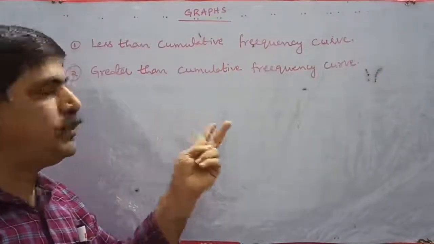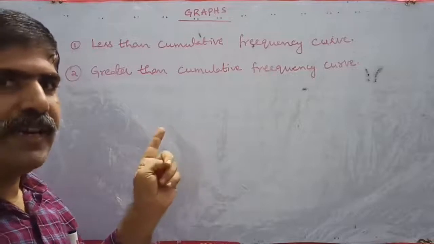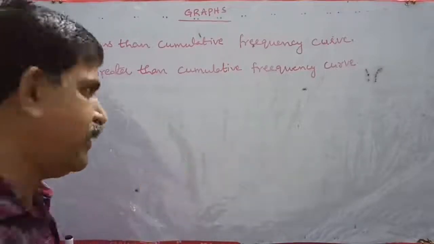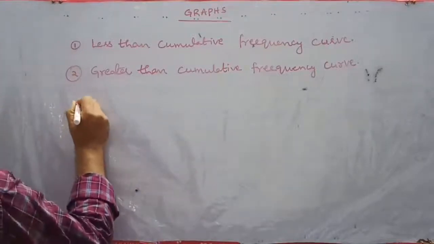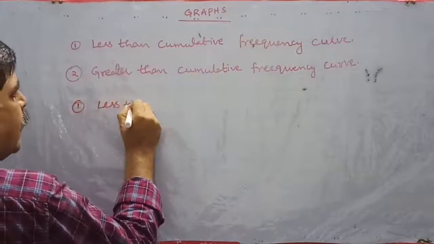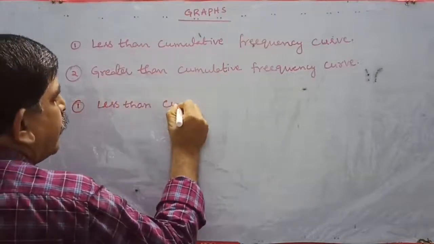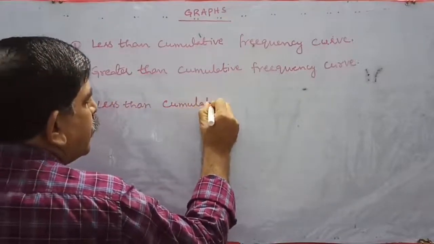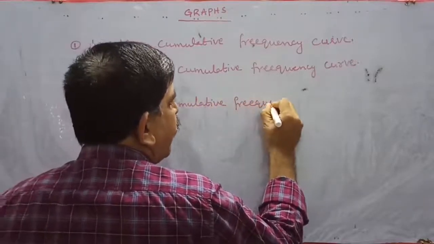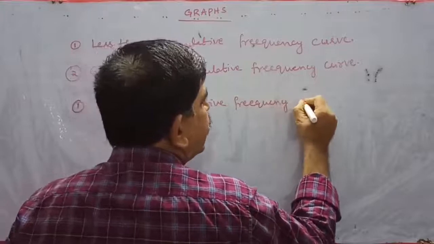So we have two types of distributions again. One is less than cumulative frequency distribution and the other one is greater than cumulative frequency distribution. First one, less than cumulative frequency distribution.